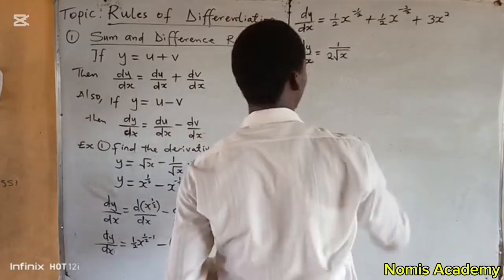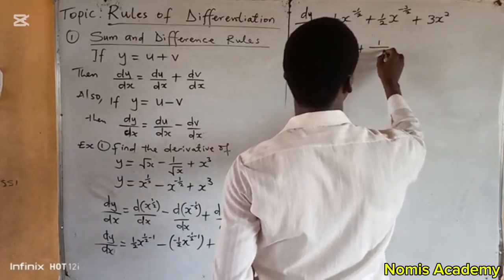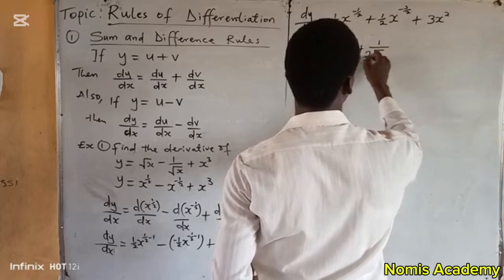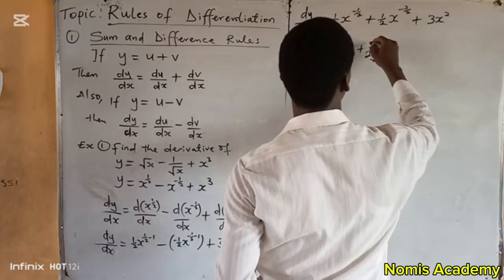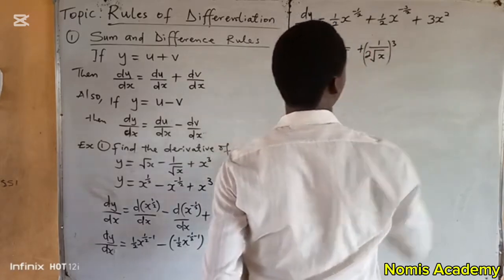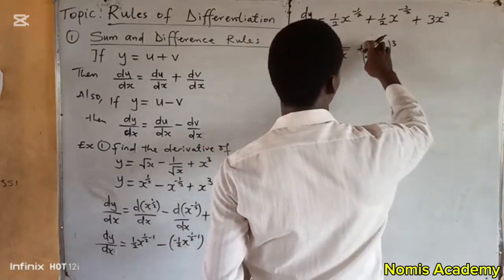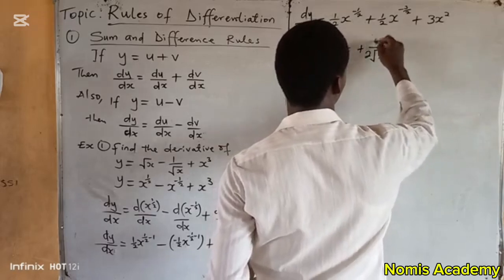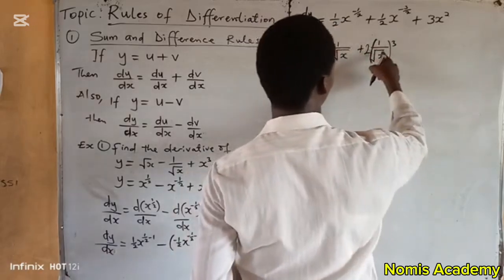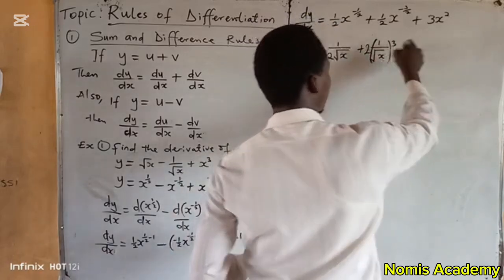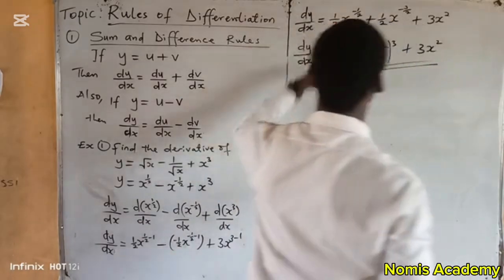And then the other one we also have plus 1 all over 2 times the square root of x, all raised to the power of 3, plus 3x squared. So this is another form in which we can express the solution.